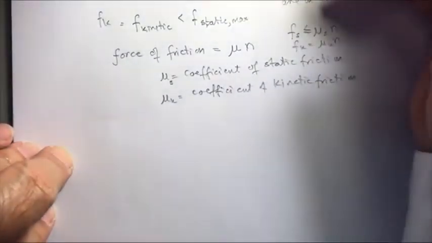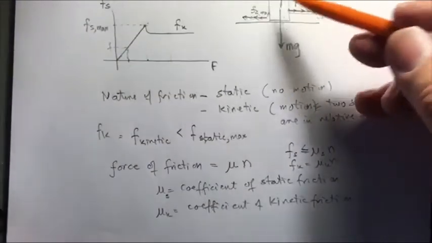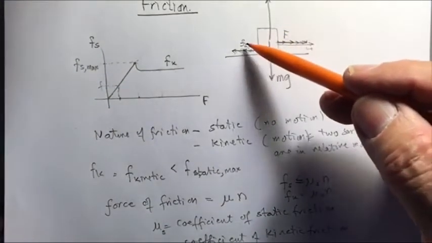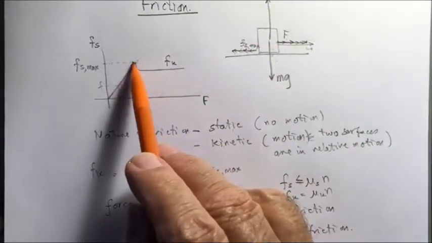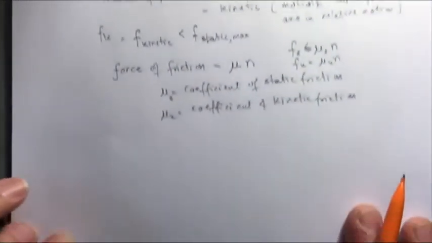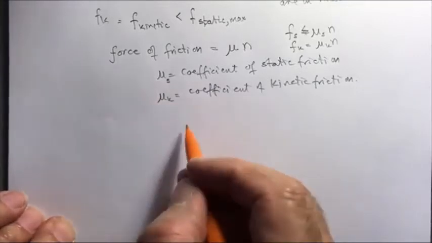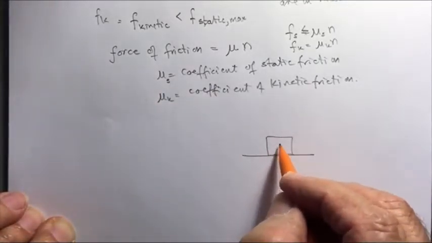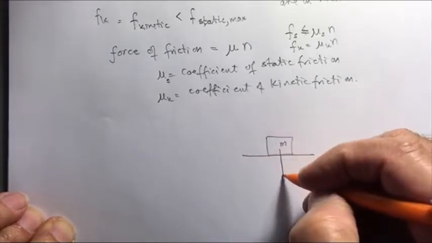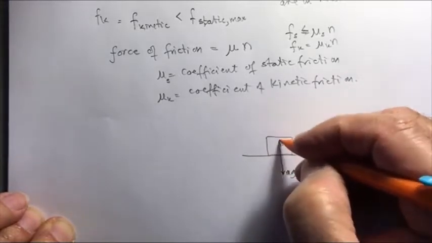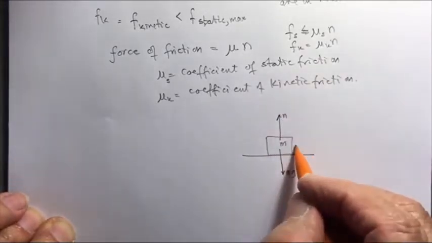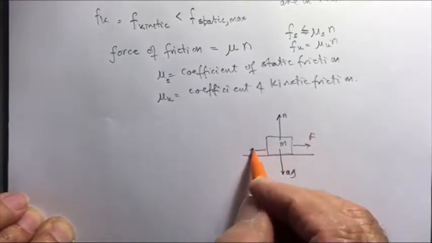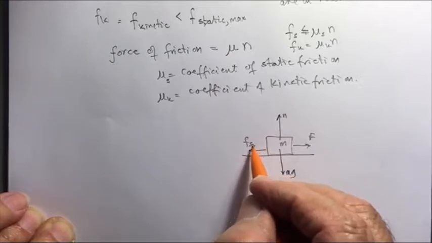Let's say in this particular example, what will be the value of the maximum possible friction? We have a mass m, so this becomes mg, this becomes the normal force, and we are pulling this way.